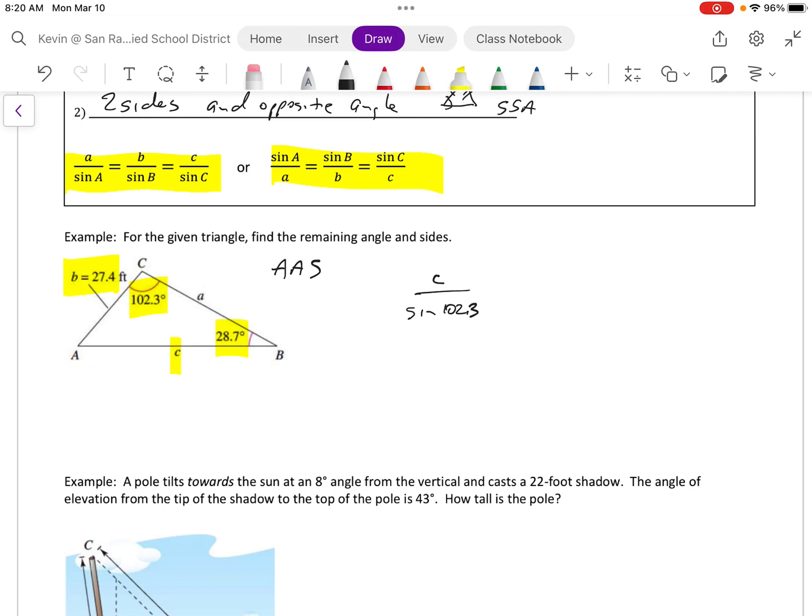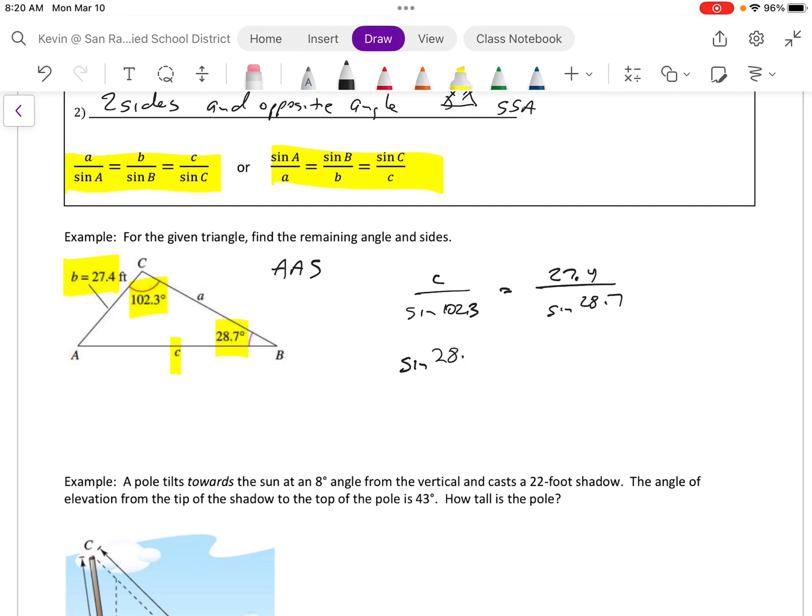And we know sine of 102.3 equals B, which we know the side, that's 27.4 over the sine of 28.7. So the law of sines says that these two ratios will equal each other.